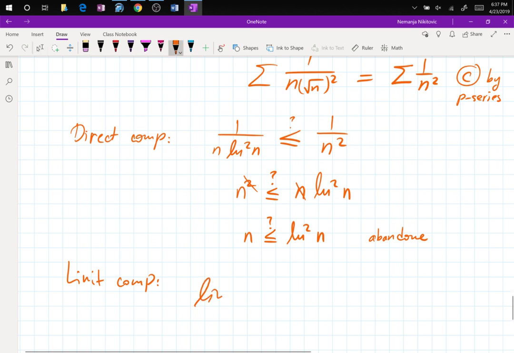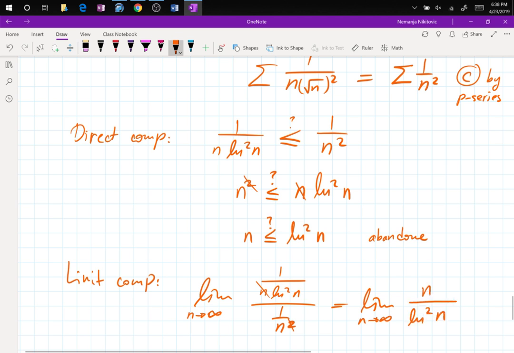So you have the limit as n goes to infinity of an, which is your good old problem, n ln squared n, divided by 1 over n squared. The limit as n goes to infinity, one of these n's dies, and you have n divided by ln squared n.